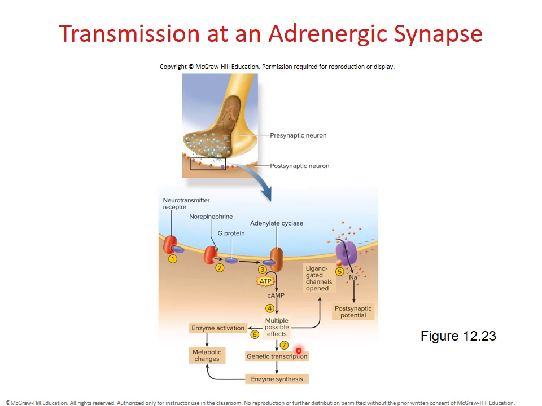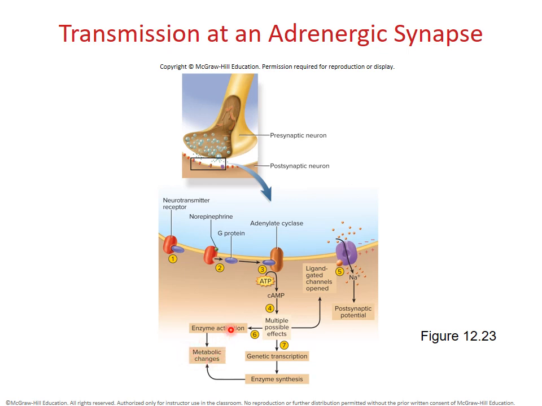Oftentimes, though, we have other effects of the neurotransmitter through cyclic AMP. A very common mode of action of cyclic AMP, as we hinted at earlier, is that the cyclic AMP may activate specific enzymes in the postsynaptic cell, and this may lead to very specific chemical reactions initiated in the postsynaptic cell, which alter the metabolism or chemical behavior of the postsynaptic cell.